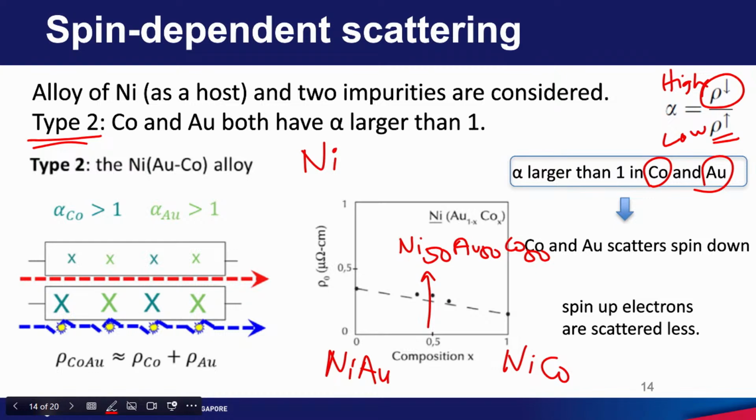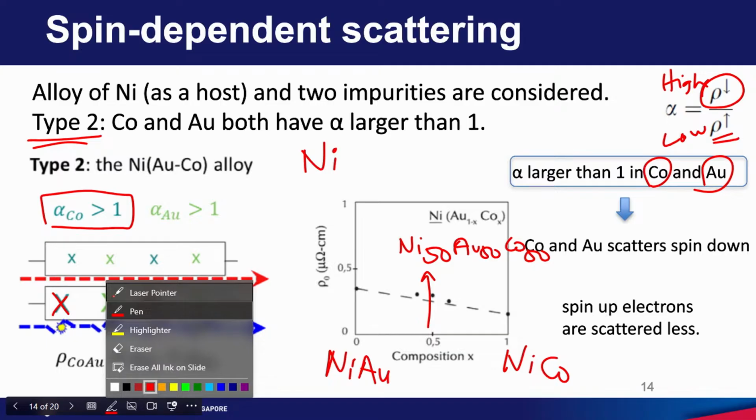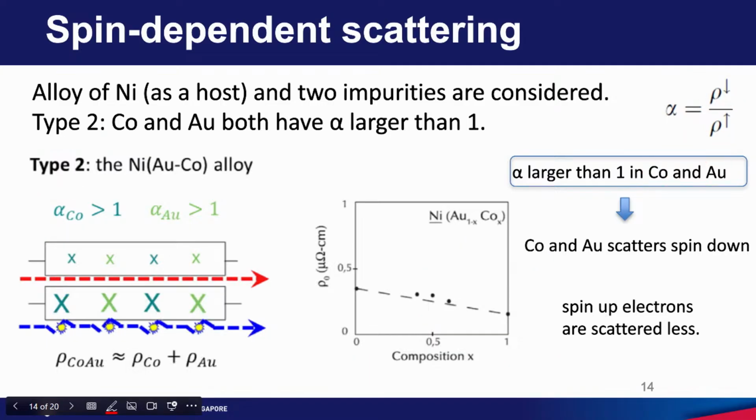Okay. So, here again we have color code. So, this dark green represents the scattering from cobalt. Okay. Cobalt scatters only the spin down electron. So, there is one scattering here from cobalt, there is another scattering here from cobalt.